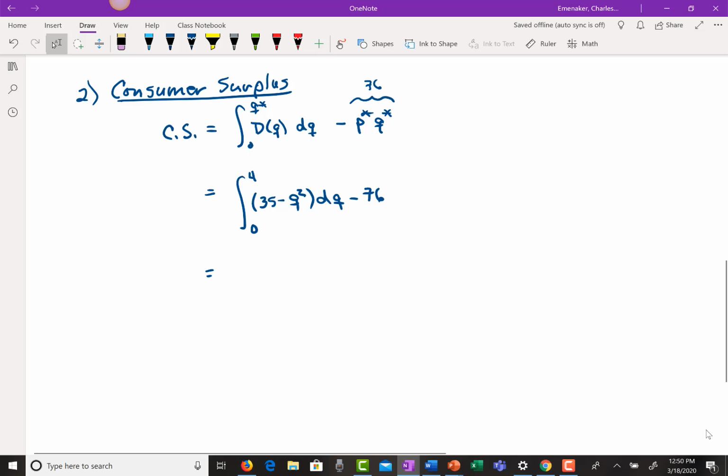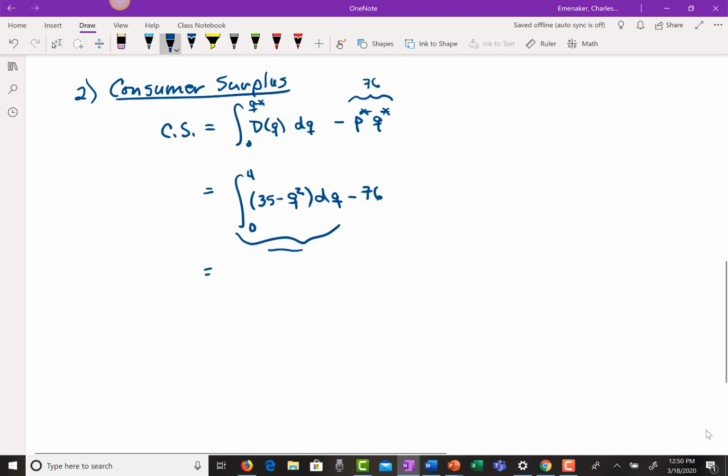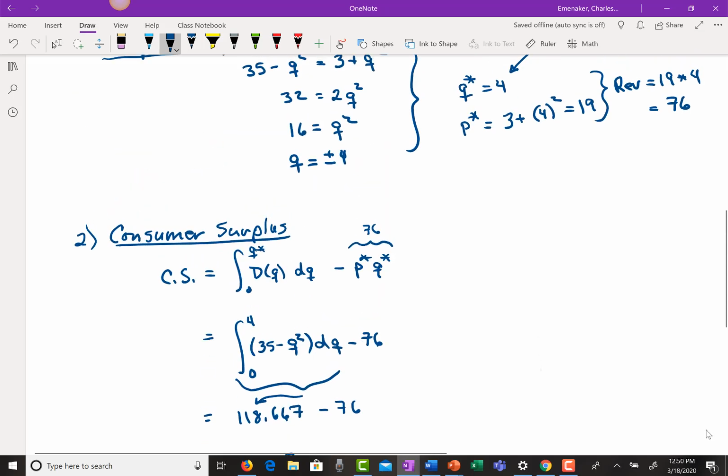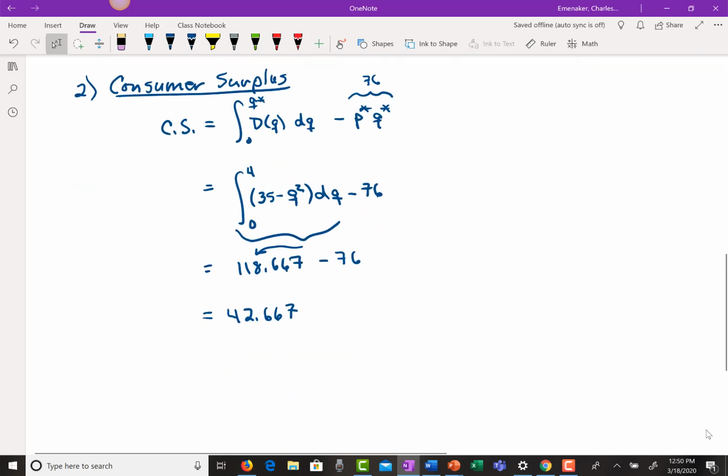And when you integrate this, this integral works out to have a value of 118.667, and we're going to subtract the 76 from it, which is going to give you 42.667 as the consumer surplus. Now, as we discussed with revenue, we don't know what the units on this value are. We don't know if it's in terms of dollars, in terms of thousands of dollars, but for this particular situation, it's just 42.667. Third thing we're going to do is to compute the producer surplus.